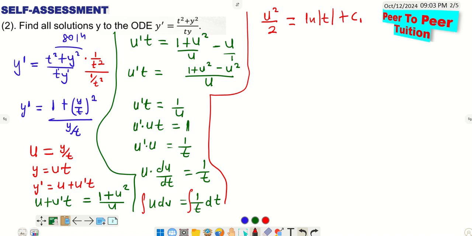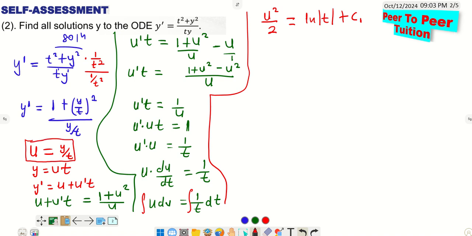Now I can multiply through by 2. Before I multiply through by 2, let's look at the substitution. We know that u is equal to y on t.